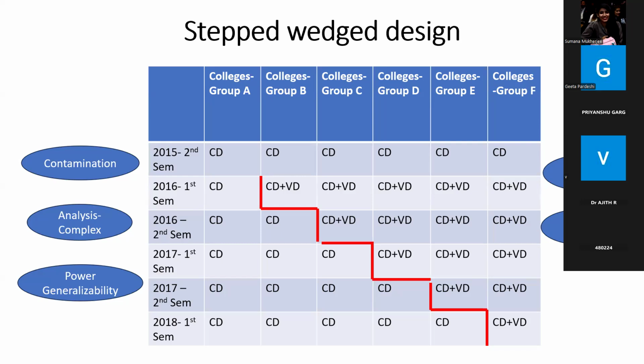What are the advantages of this particular study design? One is that you have a bigger sample size, so the power of the study is increased. The generalizability of your findings is more because all kinds of medical colleges can be included in the study. This kind of study is ethically also right.